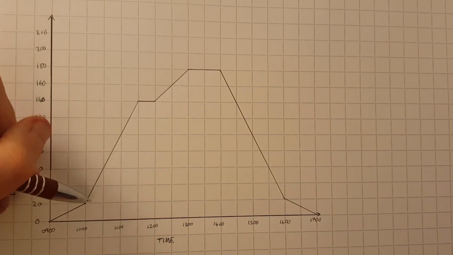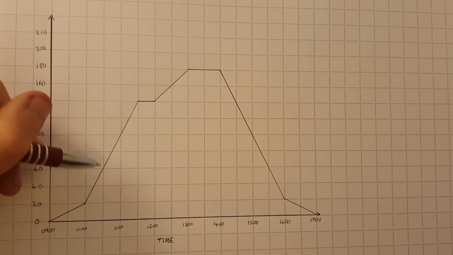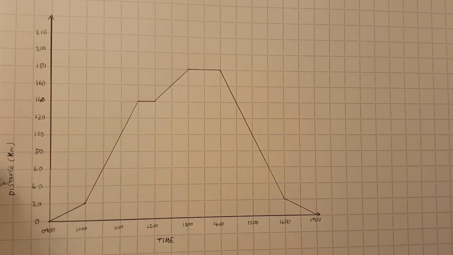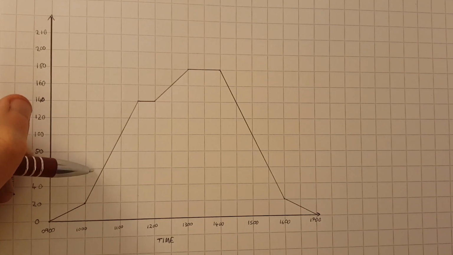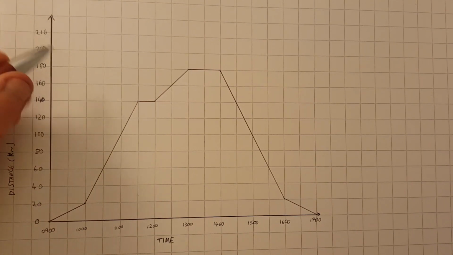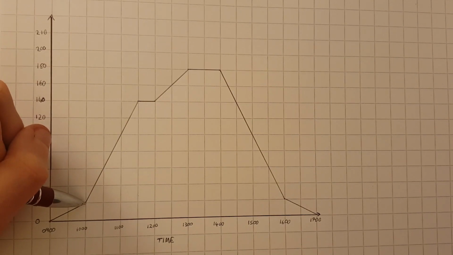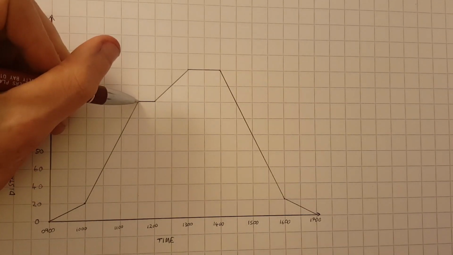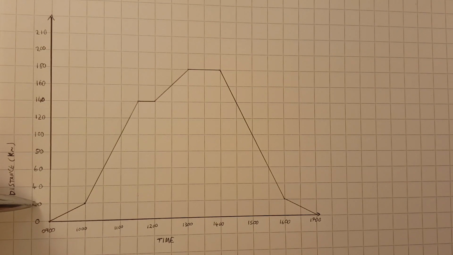But then at 10 o'clock the line gets steeper. What that means is we're going up in distance faster as we go across in time, so we're actually speeding up, and going from 10 o'clock to 11:30, you can see we've gone up from 20 to 140.